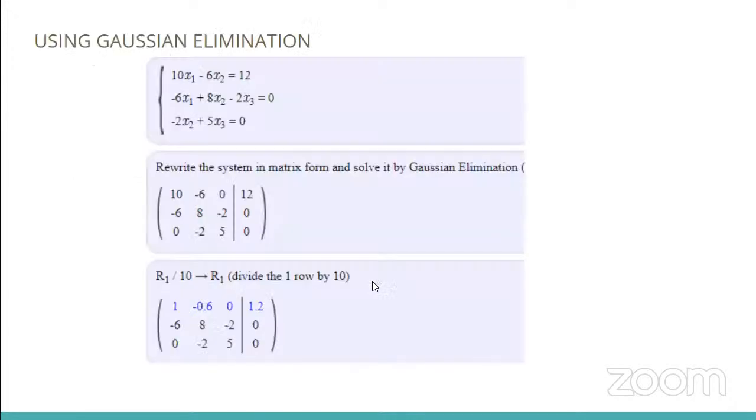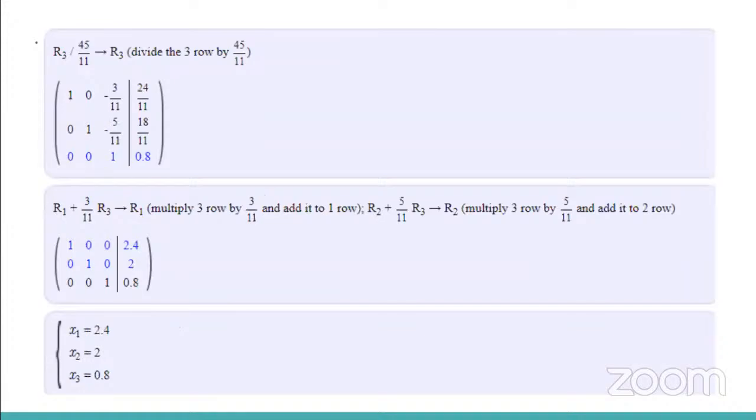If you try using the normal Gaussian elimination to solve this particular problem, as we learned last time, you will get x1 as 2.4, x2 as 2, and x3 as 0.8.